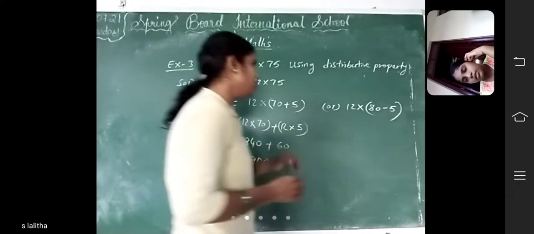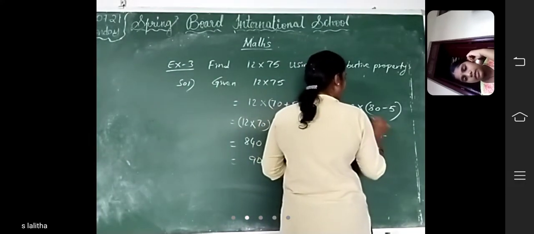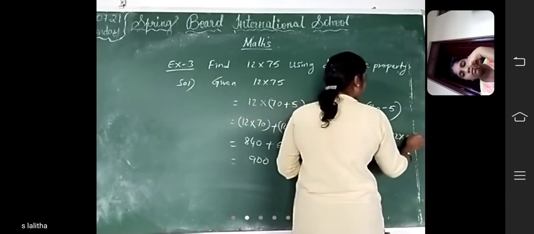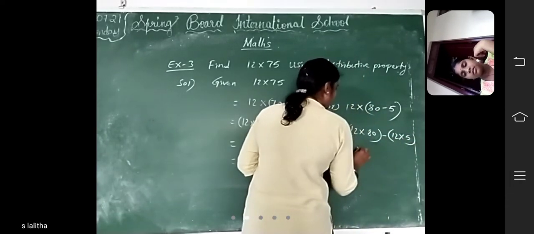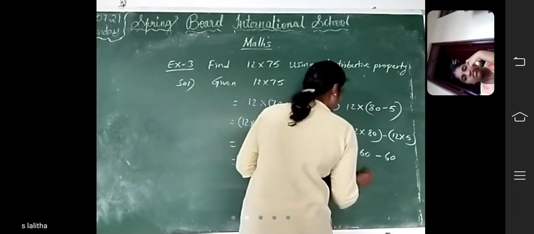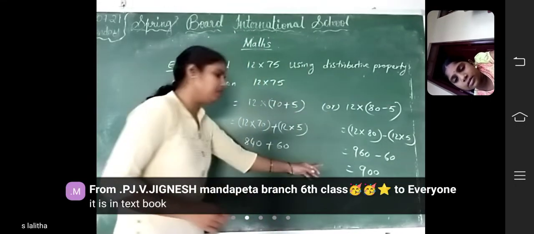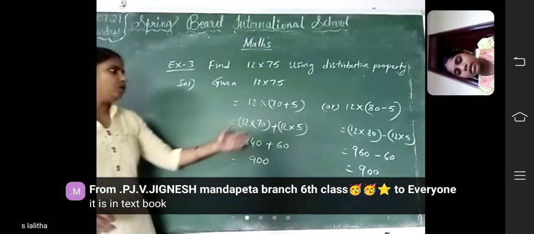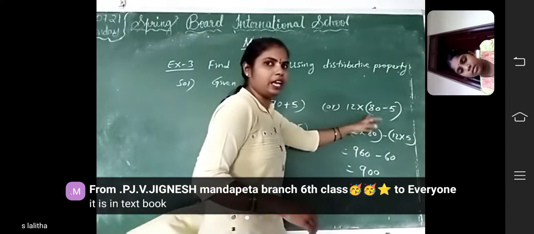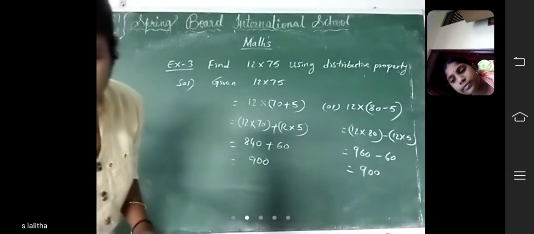Okay, now you can do this one. 12 into 80 minus 12 into 5. 12 into 80, 960. 12 into 5, 60. What is the answer? 960 minus 60, 900. Both are equal or not? Yes. You can do as the addition or subtraction. Any one you can do. No problem. Okay, children? Come on, write.